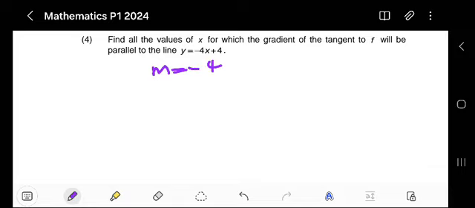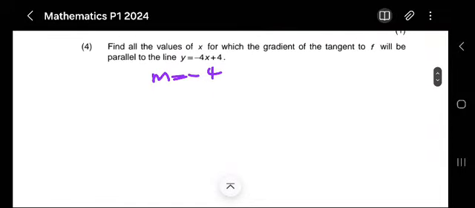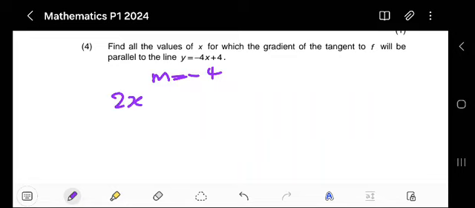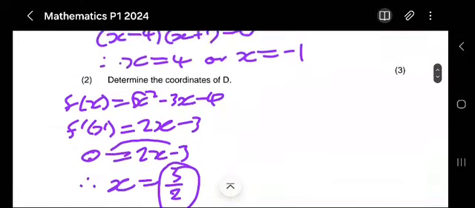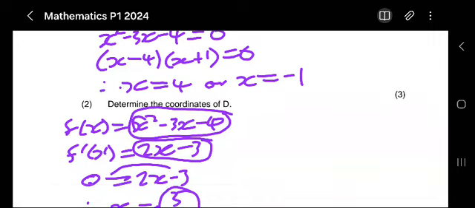But let us take from this graph, we can take the first principle, but we know that gradient, we've taken it. Remember, we found this to be like that. We took the first principle here. Then we have 2x minus 3.